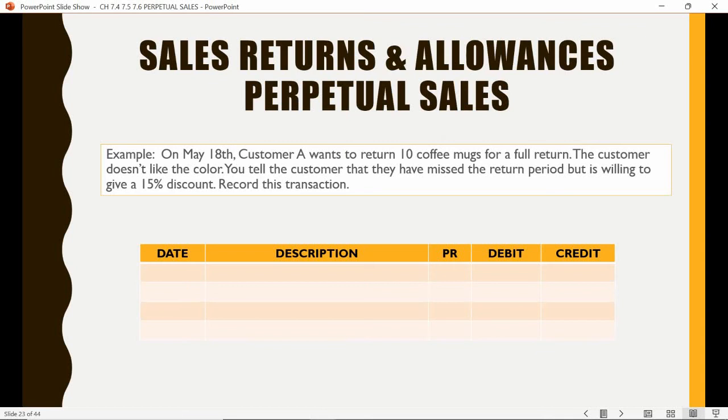What about if I got an allowance? So again, as a small business, you do have the capabilities to haggle, especially when you're dealing with your customers, right? You want to make sure that the customer is either 100% satisfied or so on and so forth, because especially if you're a small business, it's not easy to get customers to come back to your store because you're so small, you're brand new.